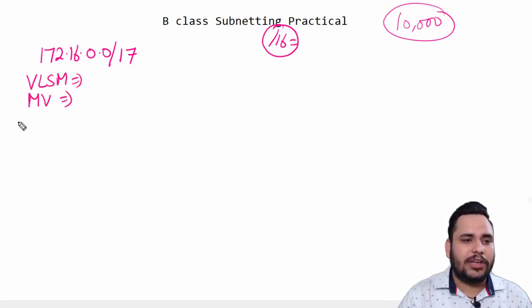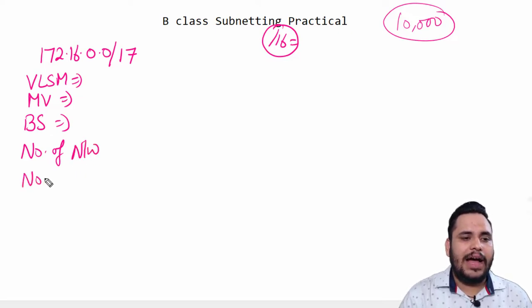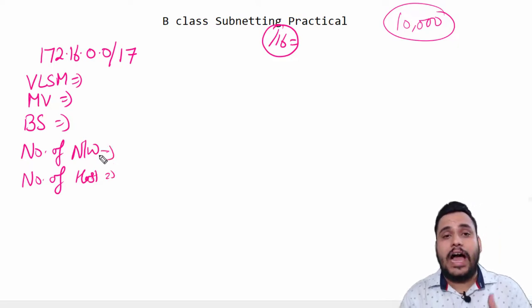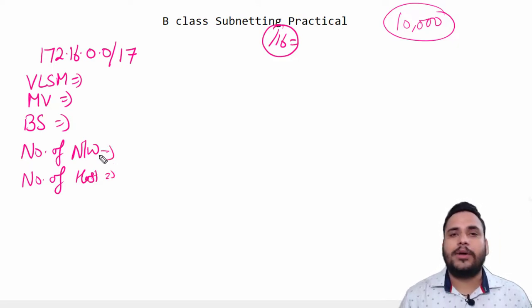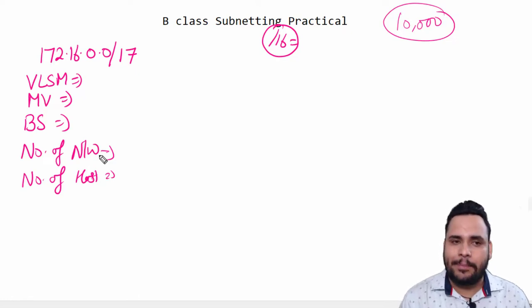Second is my magic value. Third is my block size. Fourth is my number of networks. And last is number of hosts. After number of hosts, we have to find valid hosts, because 2 IPs I have to deduct, since network ID and broadcast ID cannot be used as valid IP addresses.